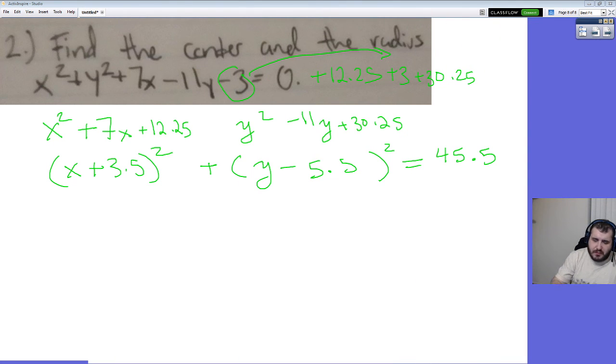So we've got some options. If we don't want to, or we're not told to give an answer rounded or something like that, we can rewrite this as 91/2, and we can just square root it that way. If you do that, the radius is the square root of 91/2.